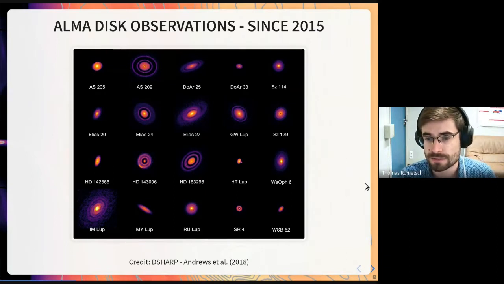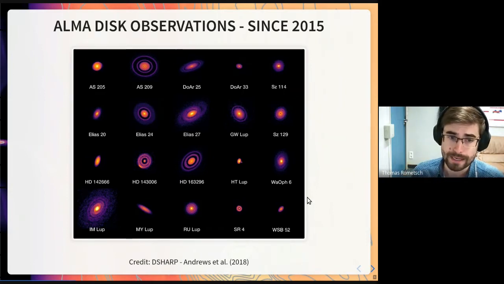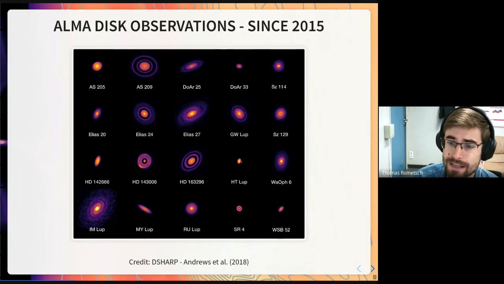This is taken from the DSHARP survey, from 2018. They aimed at big and bright disks, and what we see here are the targets. A number of disks, and in almost every disk you see substructure.